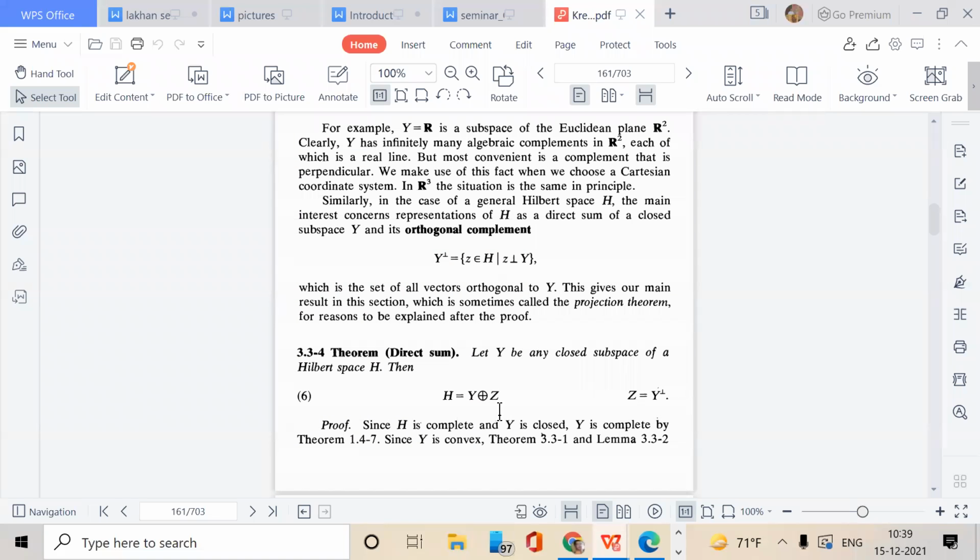Y and Z are subspaces said to be orthogonal complements of each other if any element in Y is orthogonal to any element in Z. Also, for any subspace Y of a Hilbert space, its complement is the set of all elements Z belonging to that Hilbert space such that Z is orthogonal to the set Y. It means that the complement of Y contains such elements that are orthogonal to every element in Y, that is, the inner product of that element with any element in Y should be 0.